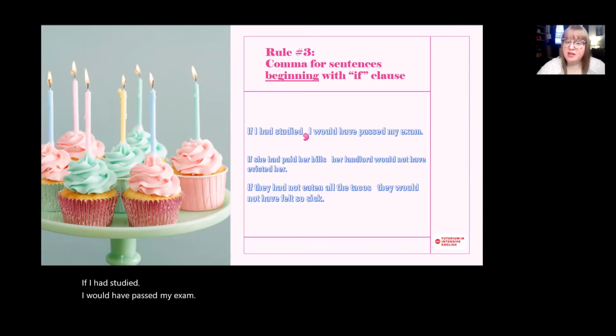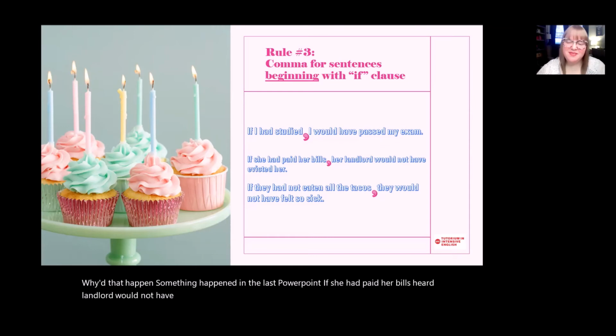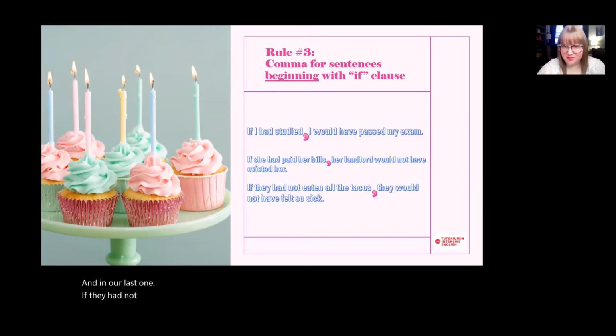If she had paid her bills, her landlord would not have evicted her. And then our last one, if they had not eaten all the tacos, they would not have felt so sick.